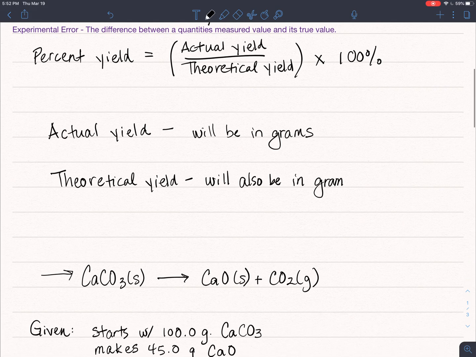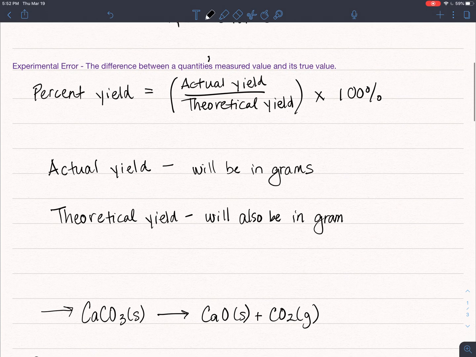If we are given an amount of calcium carbonate, which is what they give us in one of our practice problems, 100 grams, then we should be able to calculate how much calcium oxide and how much carbon dioxide we produce, right? Now, when you use stoichiometry in that way, you are basically calculating what we call a theoretical yield. Okay, that is the amount you should produce.